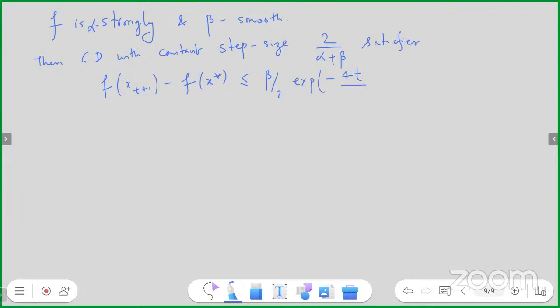Over kappa is some constant, kappa plus 1 times x1 minus x star. Kappa, I think, is alpha plus beta or alpha minus beta, if I'm not wrong. It's kappa. Kappa is beta over alpha.